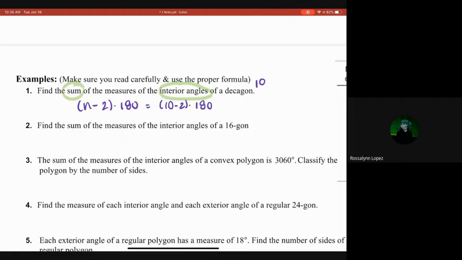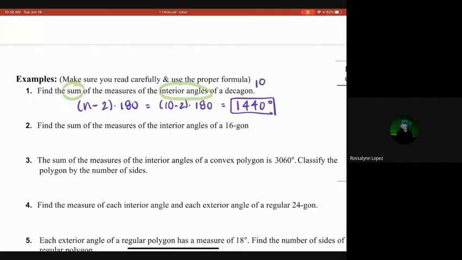Or if you write 8 times 180 in your written work, I would understand that as well. You don't have to show 10 minus 2 times 180 equals 8 times 180; it's up to you how much you want to show. But it would become 8 times 180, which is 1,440 degrees.